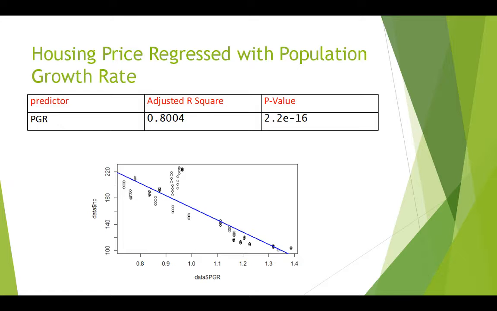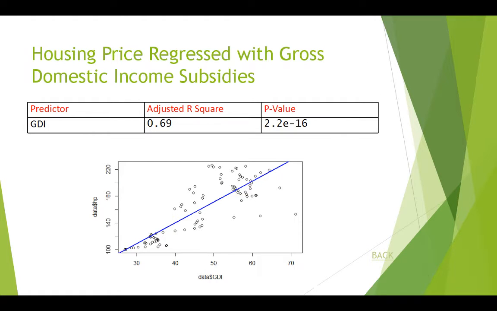From the plot, the relation between the house price and population growth rate is negative because the people's age does not require a house yet. The last variable is the gross domestic income subsidies, which increase the house price because government subsidy increases the income of individuals. We only use the linear model since the trend of the 2 variables is a linear relationship.